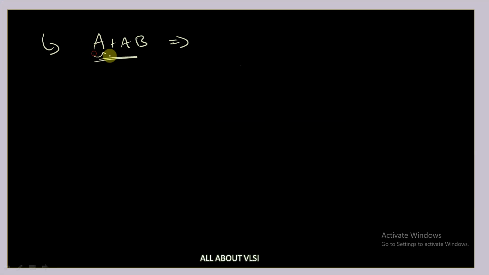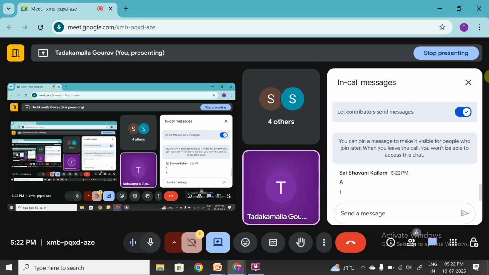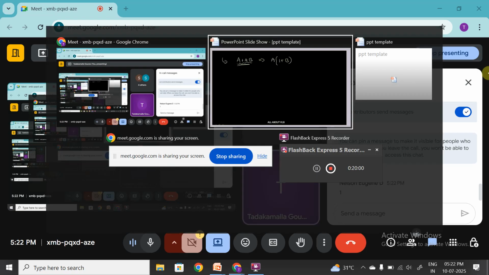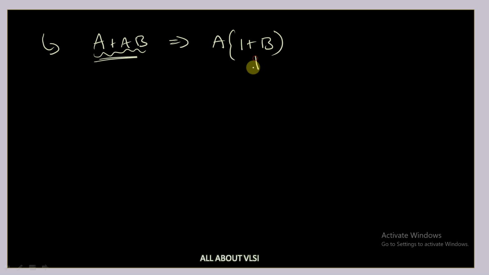If we take A common here, A into 1 plus B. Now what is 1 plus B here? Whether B is 0 or 1, B plus 1 is equal to 1. So 1 into A is nothing but A. So we are going to get A. So this is absorption law.